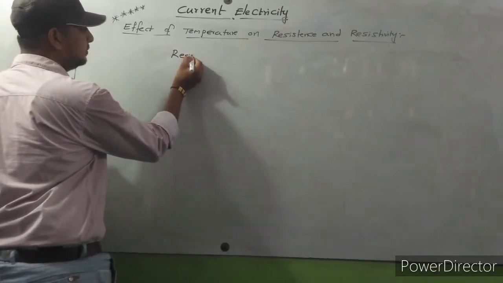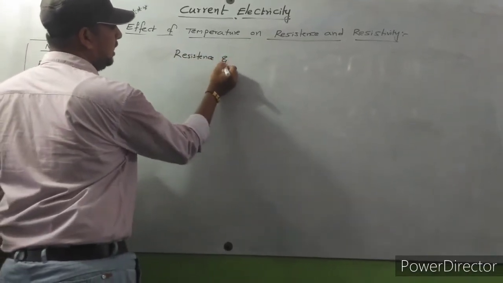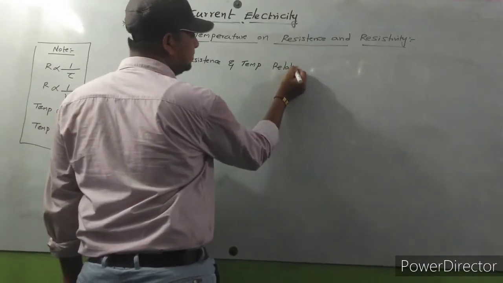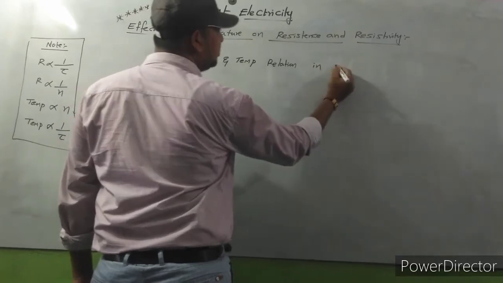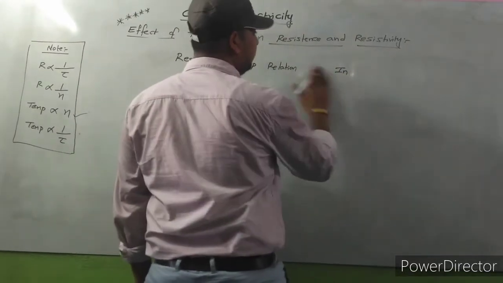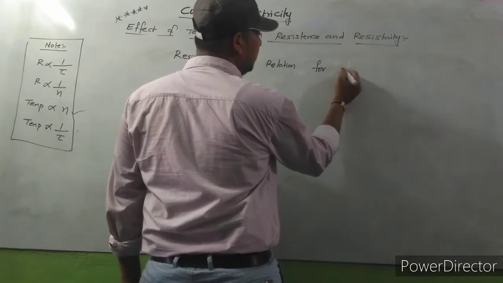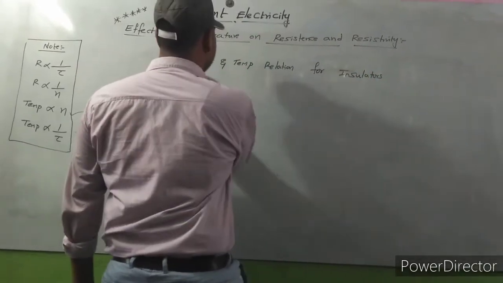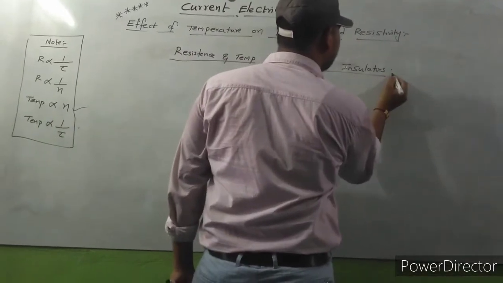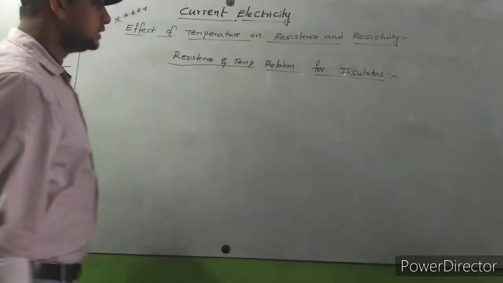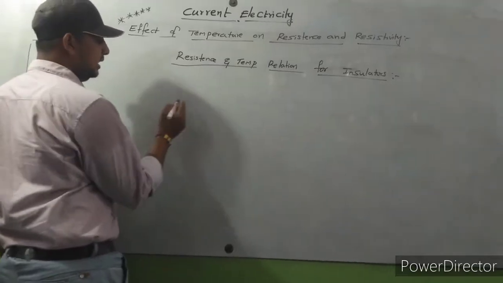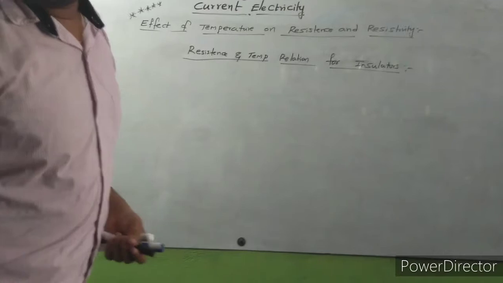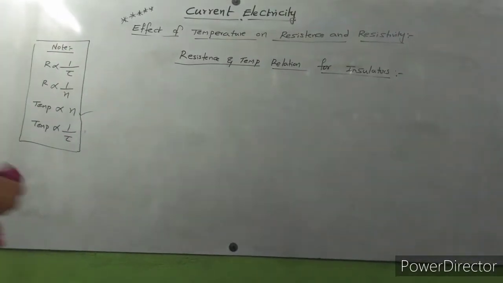Now we will discuss the resistance and temperature relation for insulators. In the last lecture we discussed the resistance and temperature relation for conductors.